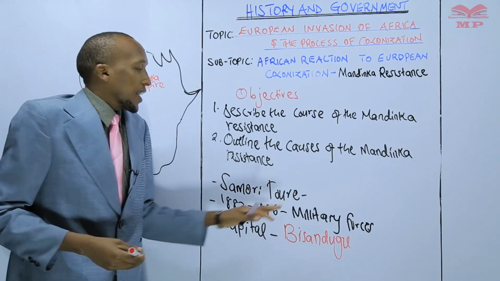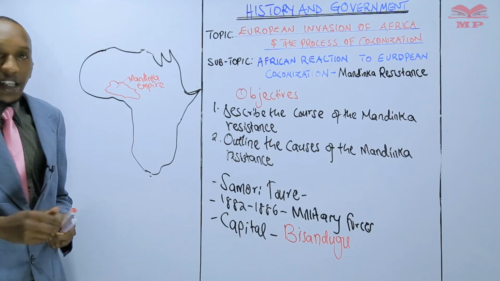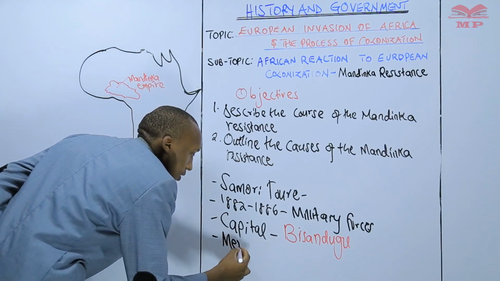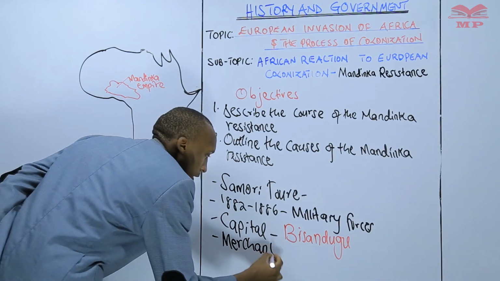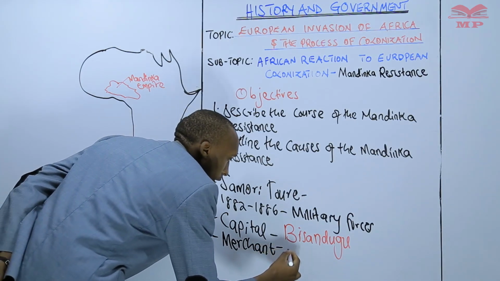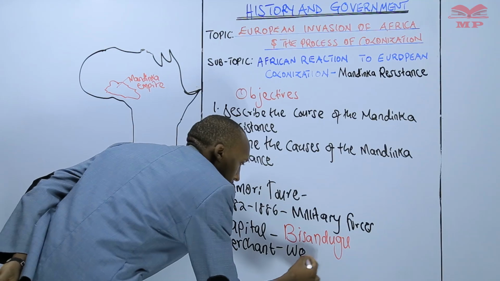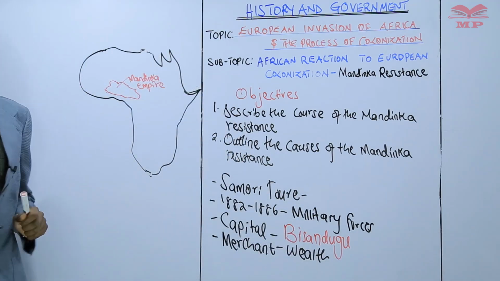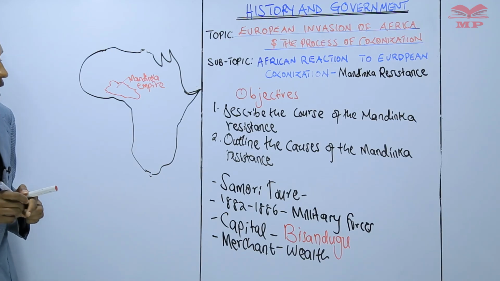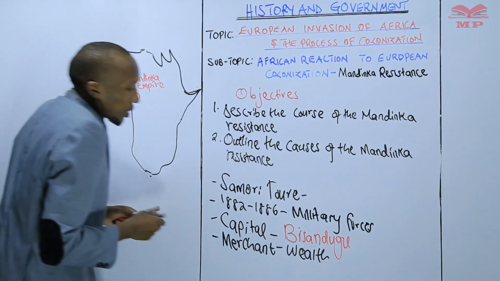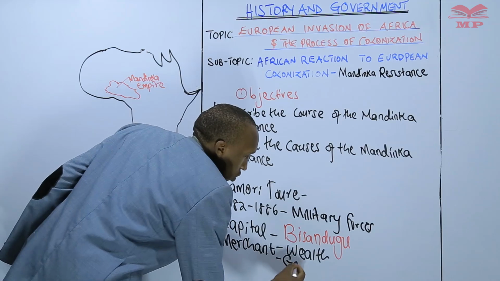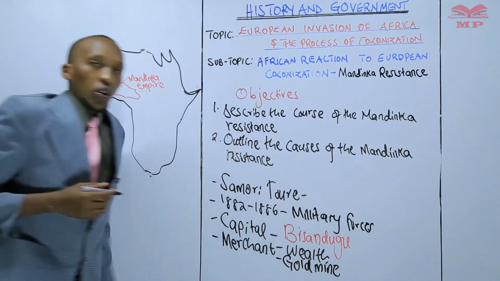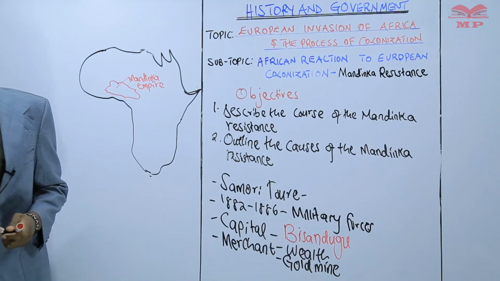Samori Toure was a very successful businessman, a merchant, and he got a lot of wealth. In his kingdom, there was a gold mine that was his source of wealth.